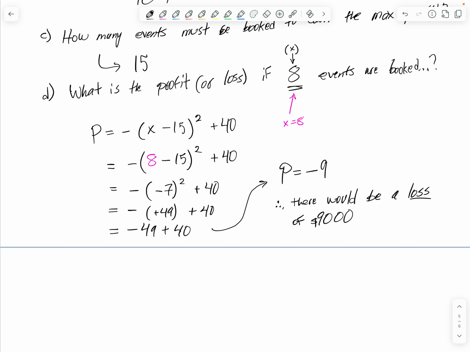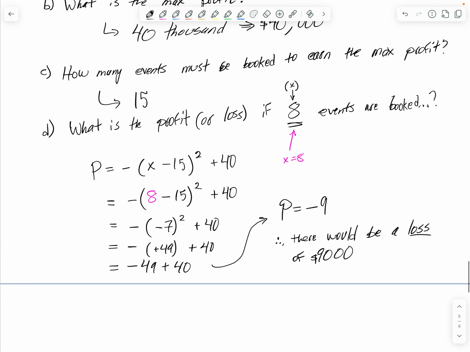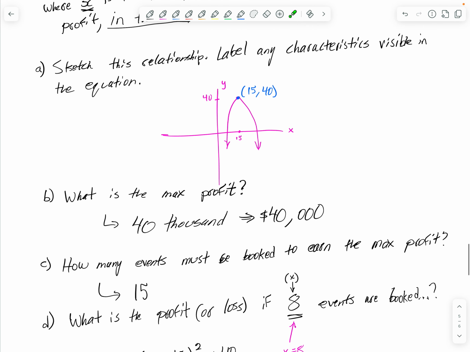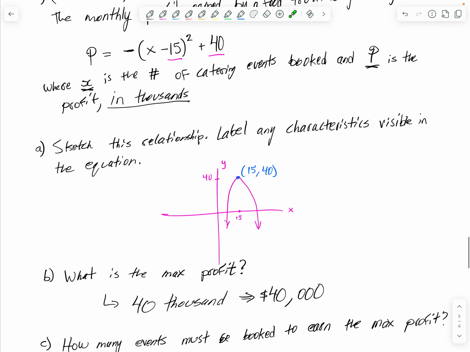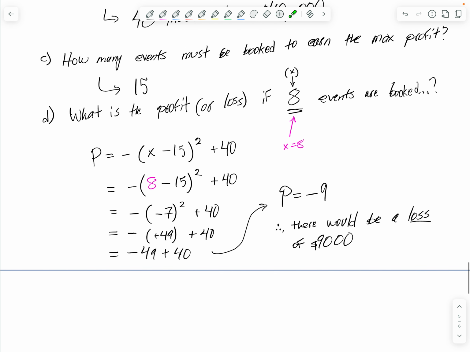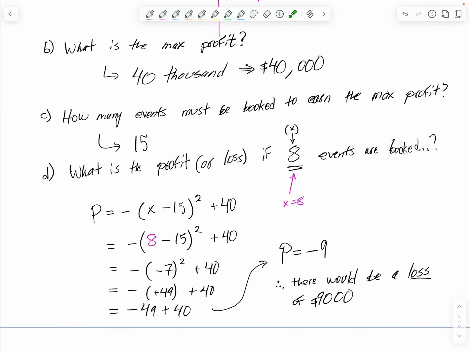Because it's in thousands of dollars, it would be negative $9,000 if the food truck goes with just 8 catering events. So it would be a loss. We could probably see that at 8, it's somewhere over there in the negatives. Negative 9,000. Okay, so that is a summary of everything you need to know for module number 3.